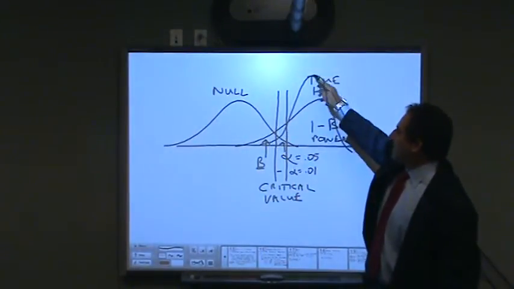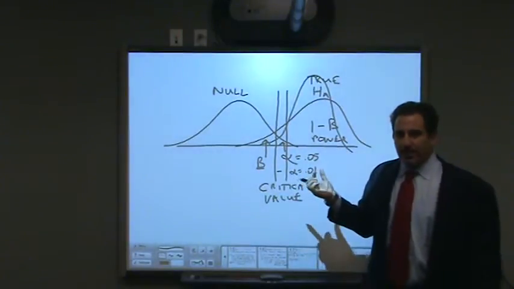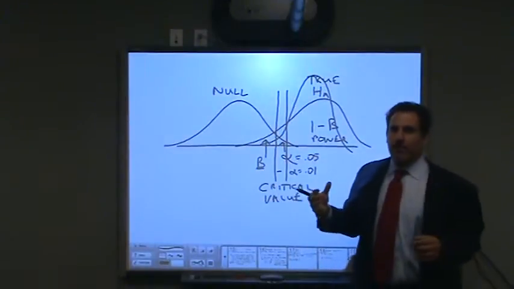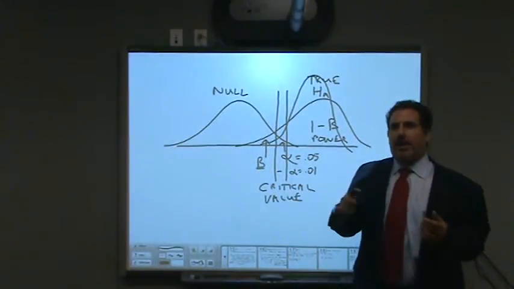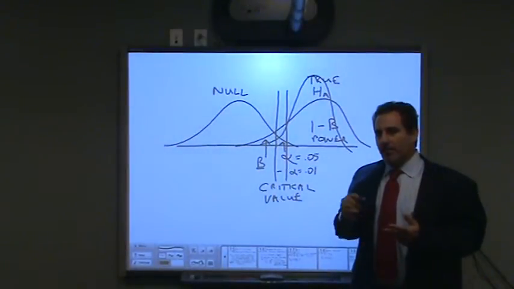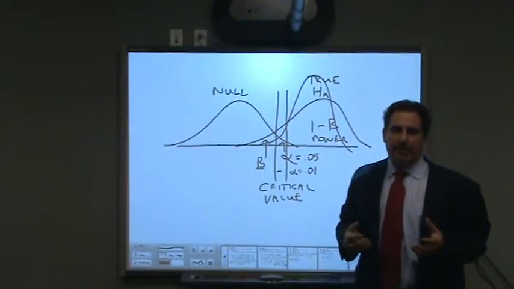Because remember what I said earlier about increased sample size reduces the standard error. And so I hope that if you followed me through this explanation, you have a good understanding of how type 1 error, type 2 error, power, and sample size are all related to each other.